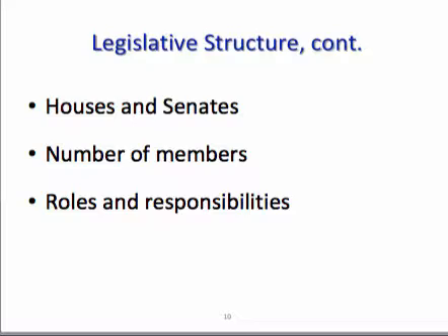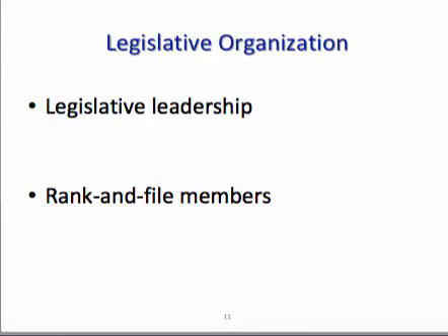The particulars of how large these legislatures are varies considerably from state to state. One of the commonalities is that the legislative leadership plays a disproportionate role in moving legislation through. It really does matter who's in charge. The legislative leadership are the agenda setters.